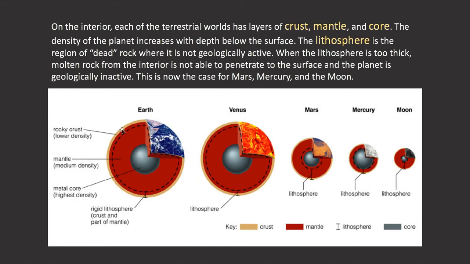On the other hand, Earth and Venus are both very geologically active planets. And that's because their lithosphere is fairly thin. And so the material, all the activity that's going on around the core can seep out into the surface. There's volcanic activity on both planets. On Earth, we have earthquakes, and then there's lots of weathering, obviously, from the atmosphere.